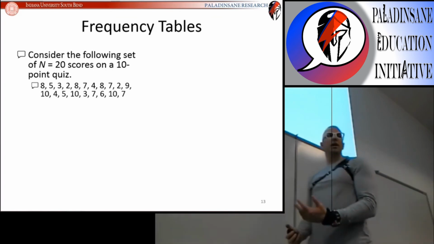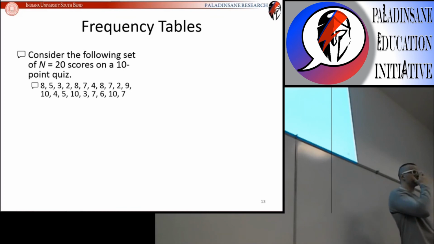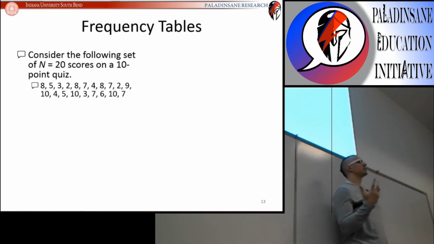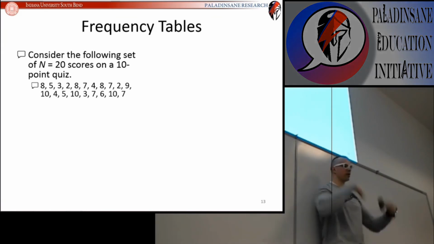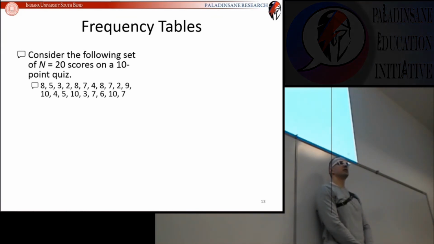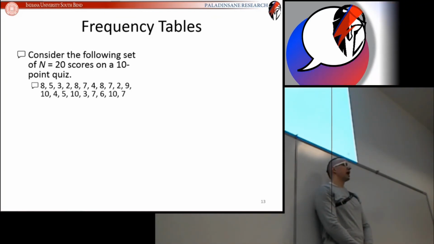When you take a look at those scores, even though it's only 20, it's kind of hard to make sense of this particular set of scores, and kind of hard to answer questions about it. For example, if I decided that anybody that scored 6 or lower on this 10-point quiz has to come into an office hour for some extra tutoring, how many people can I expect to have in my office hour?